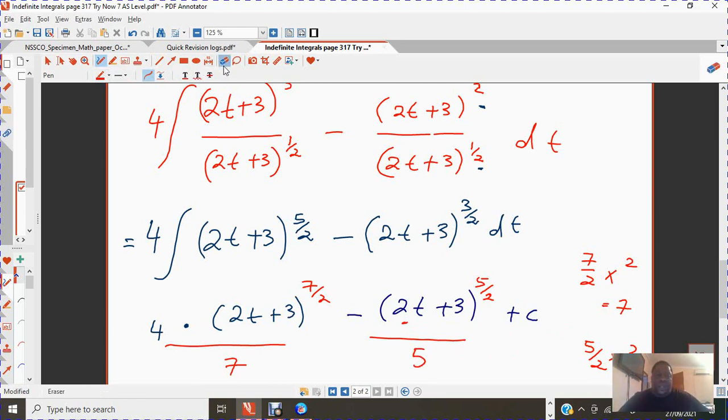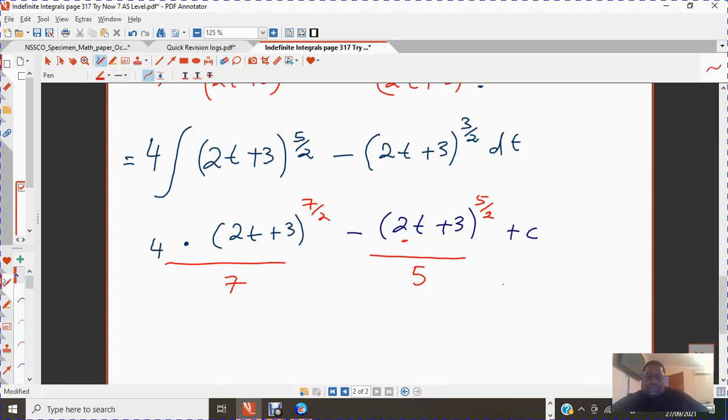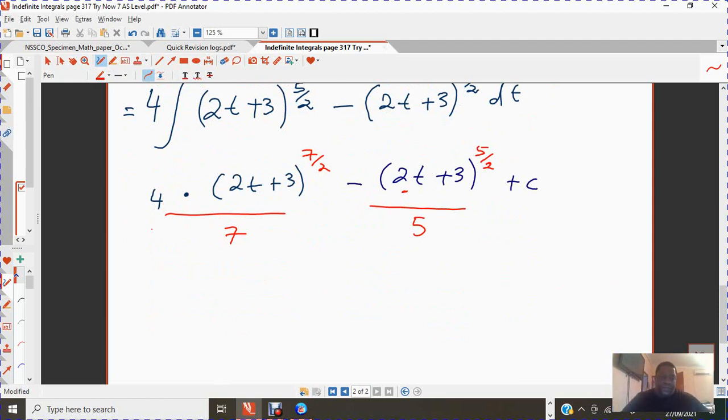The only thing now needed is for us to write it in nice ways with the square roots and stuff like that. Up to there, you should be 100% on the right path.